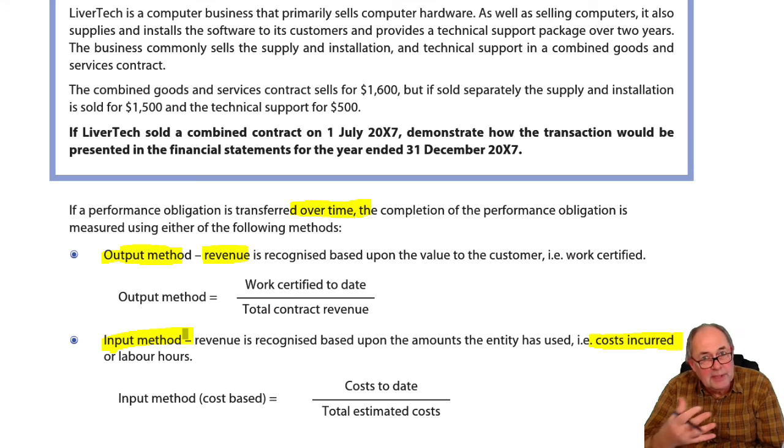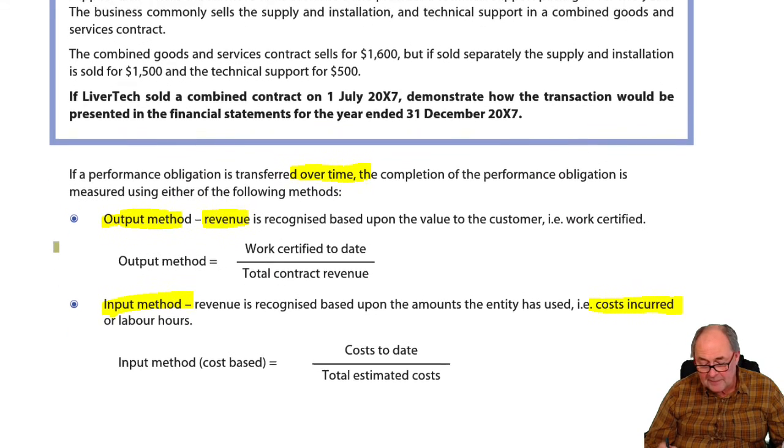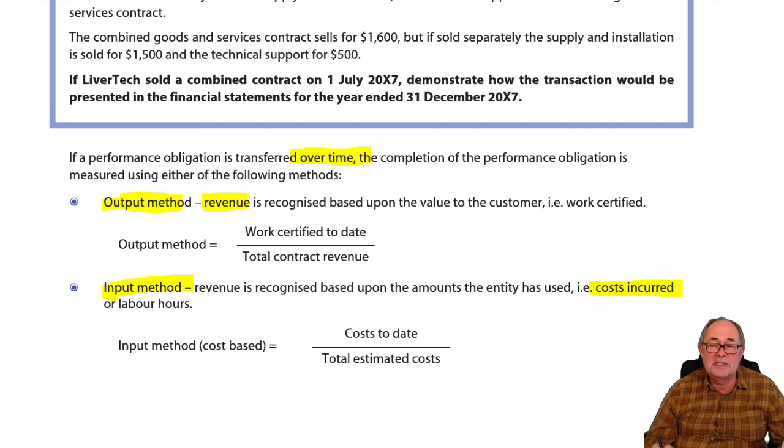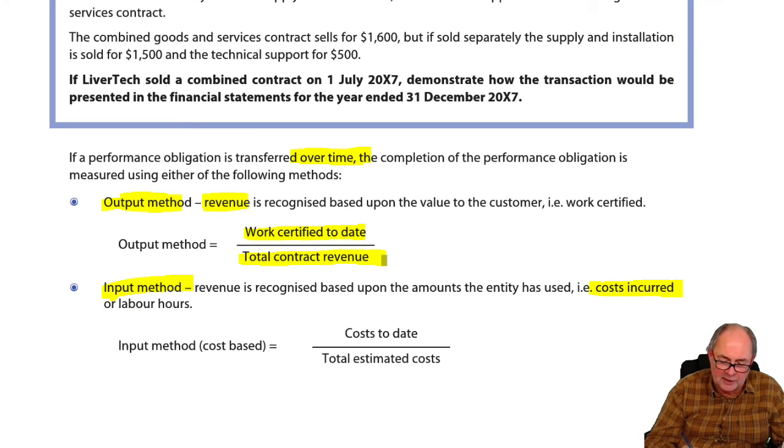So if you're doing something for a customer where you think it's appropriate to recognise the revenue over a period of time, then a common sense one is to look at the revenue approach. So consider how much work has been done to date as a percentage of the total contract revenue.